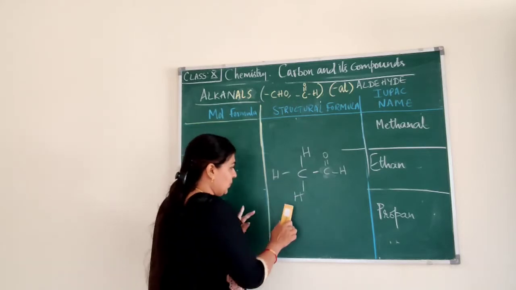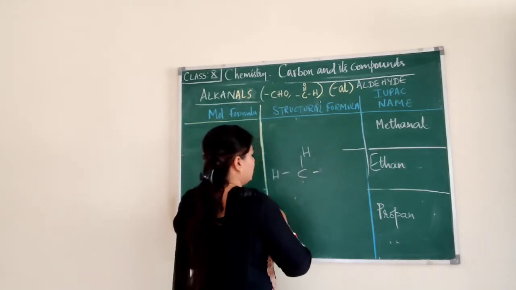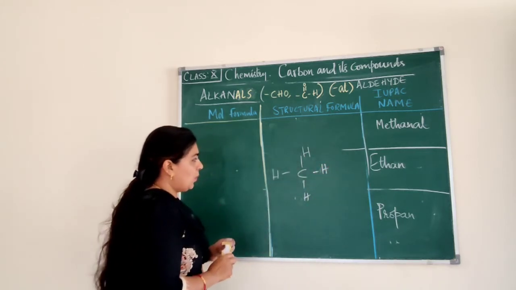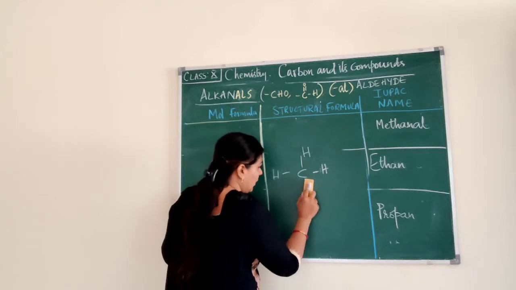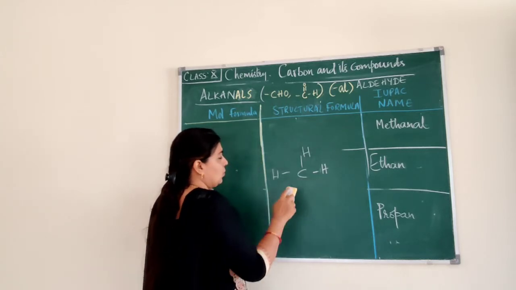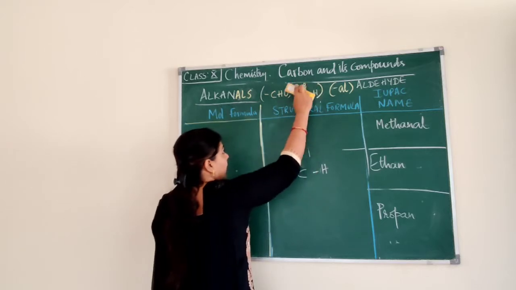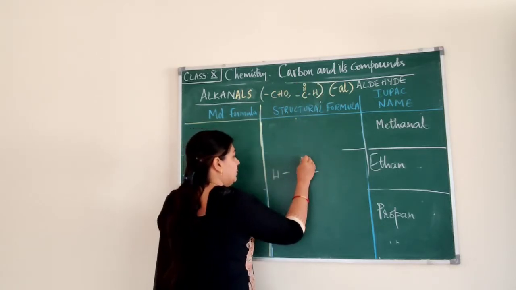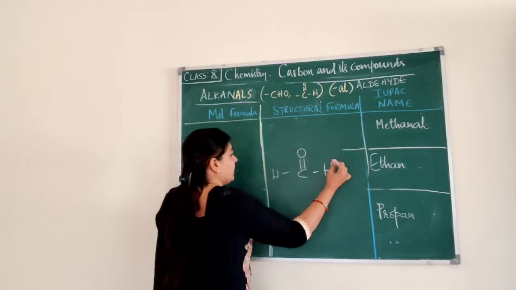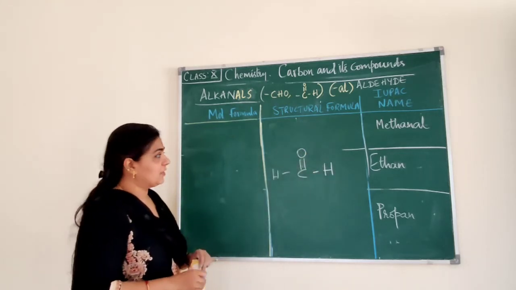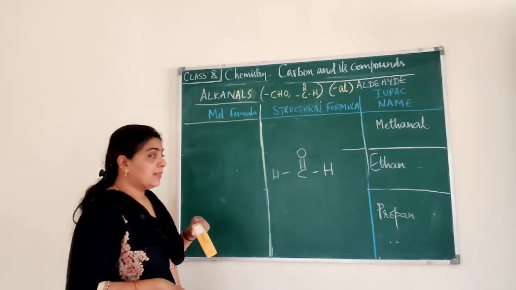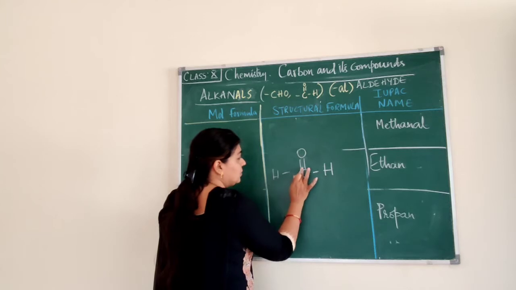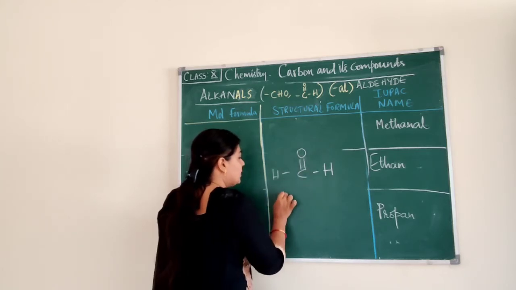So when it is like this, I have to add CHO. So what I do here is, as it is, I put it here, and this is the structure for methanal. Tetravalency is there. So what will be the structure?